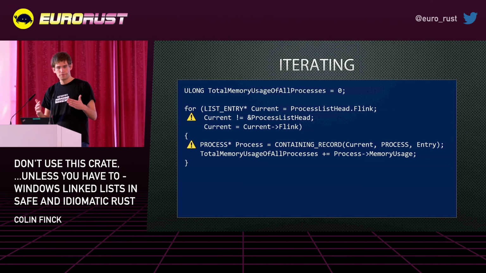You still have to fetch the process element on every iteration yourself. There is nothing nicer that C actually provides. And only then can I finally do what I wanted to do in the first place and sum up the total memory usage.